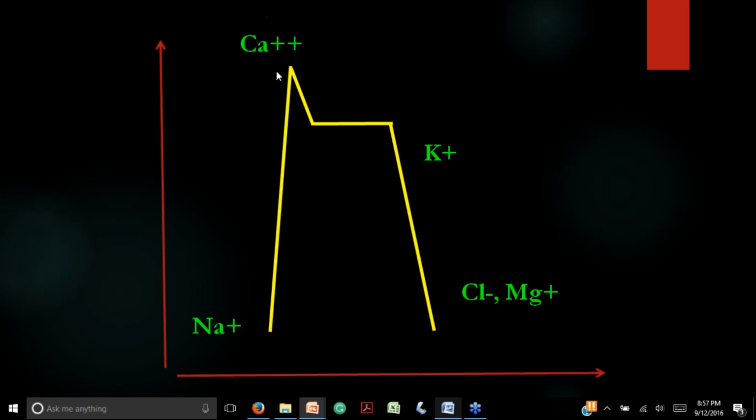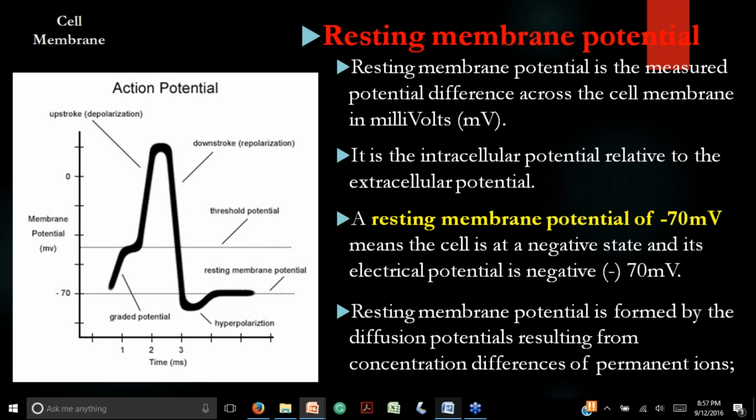When the repolarization is going to start, the channels of sodium are going to be closed, the channels for calcium are going to be closed, and they are going to open the channels for potassium and chloride. So if you remember this chart, that is going to help us understand very easily how the depolarization and repolarization of nerve cells or muscles happen.